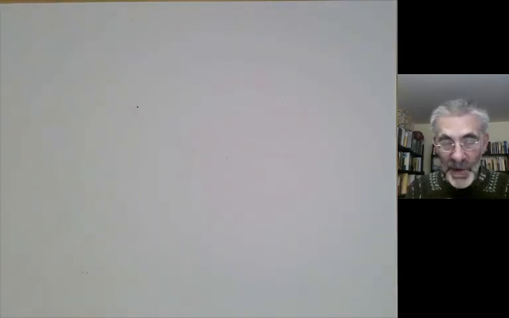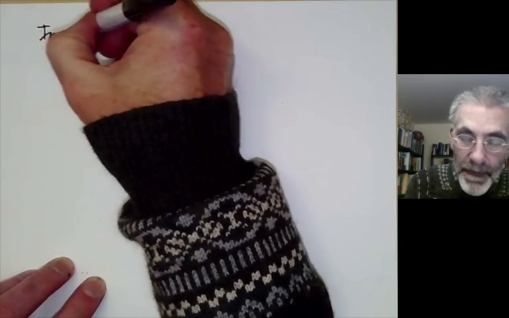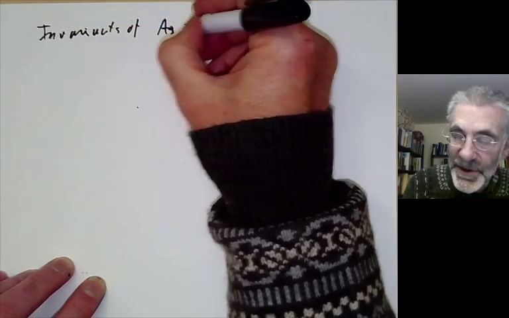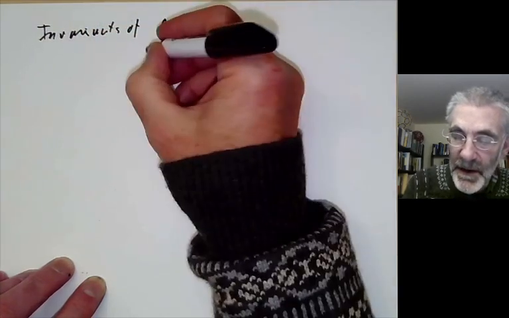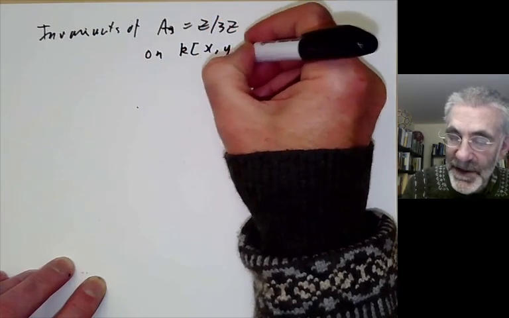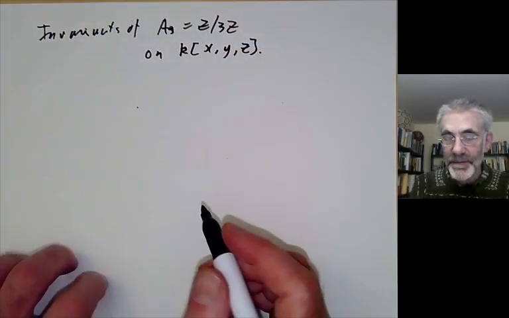Last lecture we were looking at the question of what are the invariants of A3, which is Z modulo 3Z, on the ring of polynomials in three variables x, y and z.